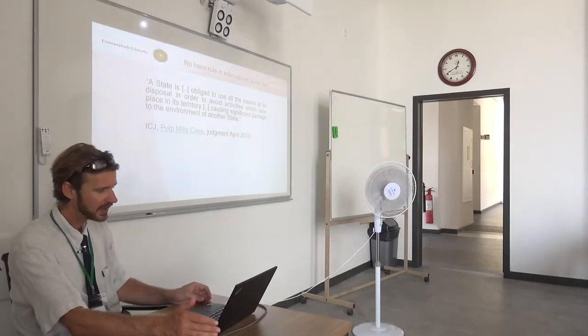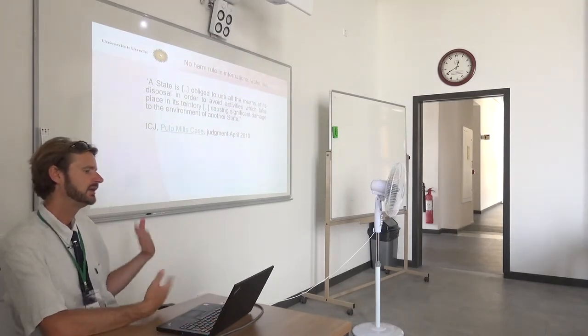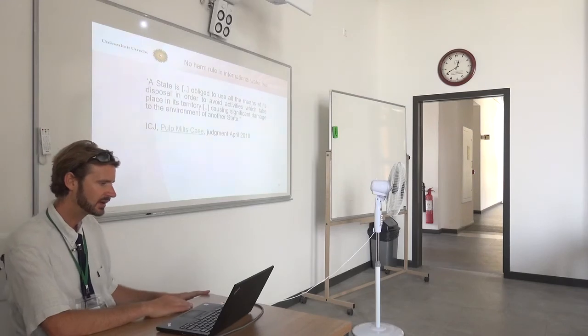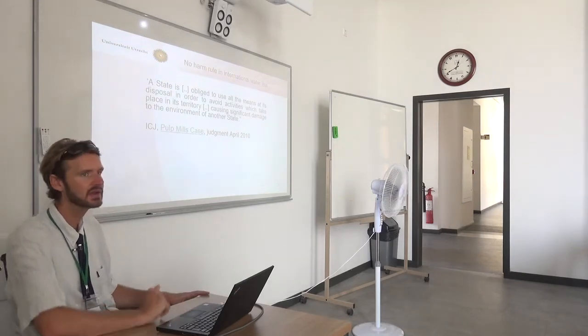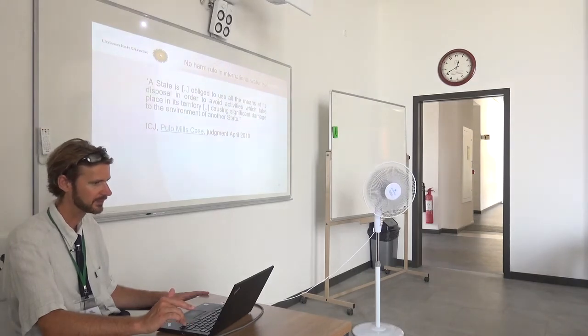So if you have complied with all these procedural principles, in a sense you have shown that you were serious, sincere in trying to take all appropriate measures to prevent causing of harm.